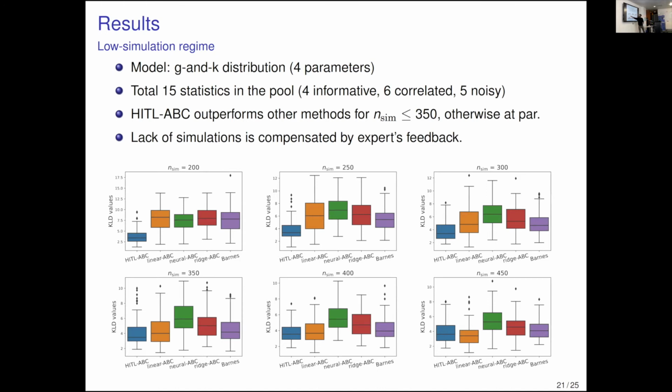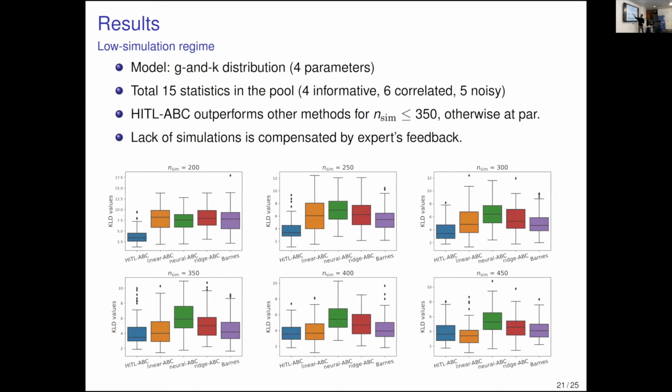That includes all the regression ABC methods, and this particular method called Barnes, which is our method minus the expert. So if you did exactly this subset selection sequentially but did not ask the expert anything, what would happen? Here we compute the distance between a reference posterior, which we calculated using a lot of samples, and the posterior given by these methods, so the lower the better.